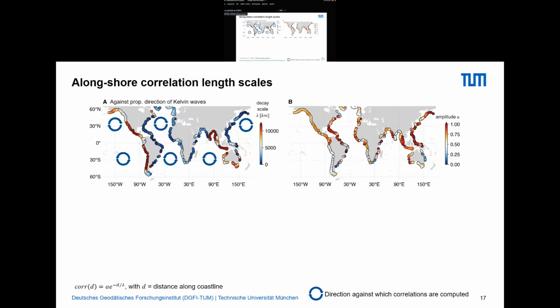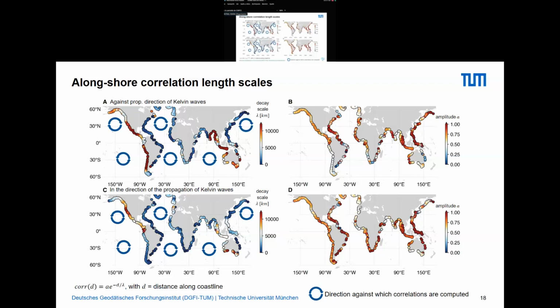What we found is that these alongshore correlation length scales can be very large, up to tens of thousands of kilometers. And there also seems to be a dependency on whether you're at the western or eastern boundary. But we're not yet conclusive about what might cause such effects.